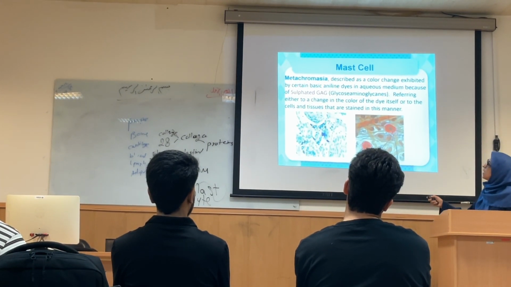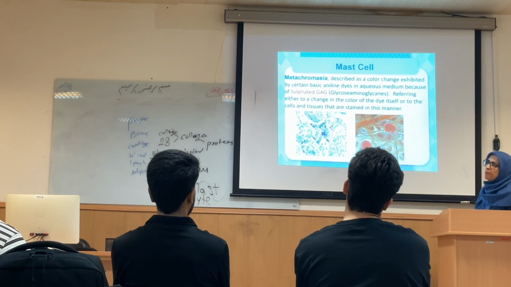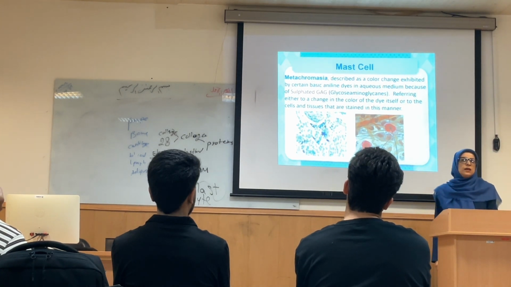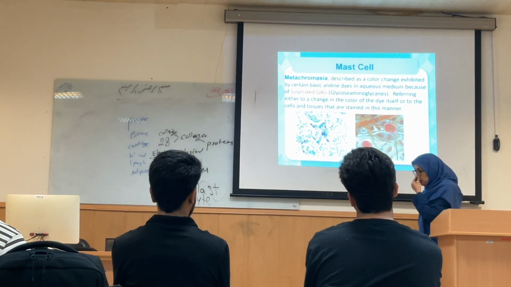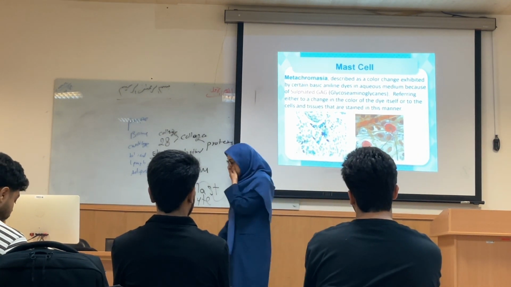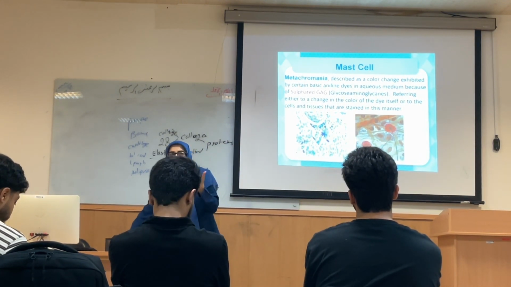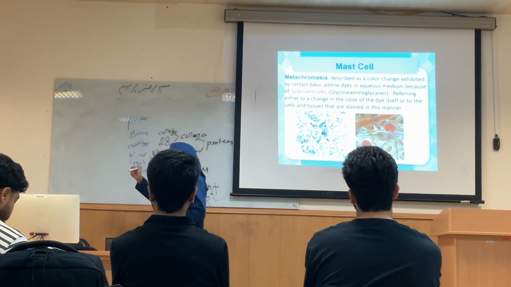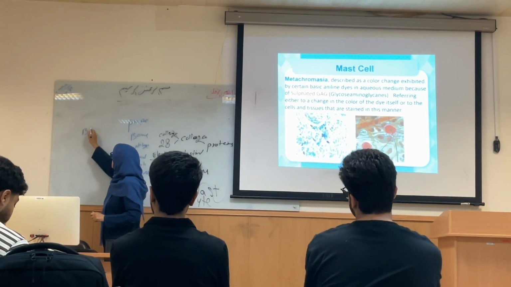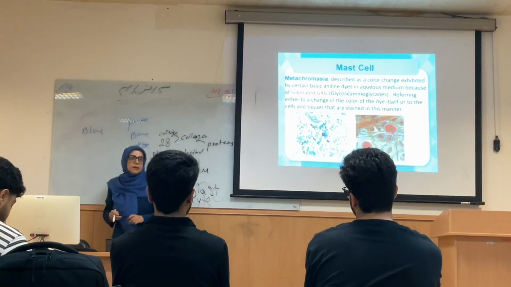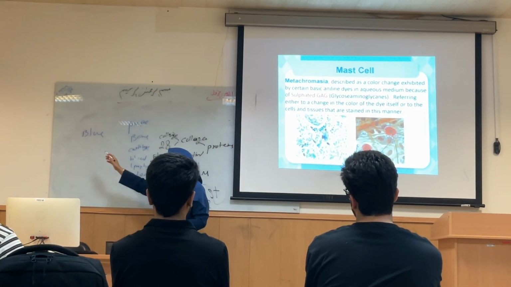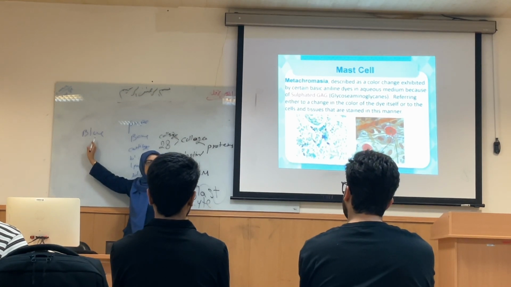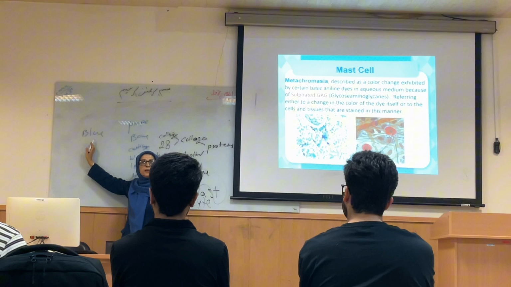The mast cell has one specific property that is not in other cells, named metachromasia. Metachromasia occurs in the lab when we do staining with a blue dye, such as hematoxylin, for example. Normally, when we stain blue, we also see blue stain under the microscope. But metachromasia occurs in the mast cell.